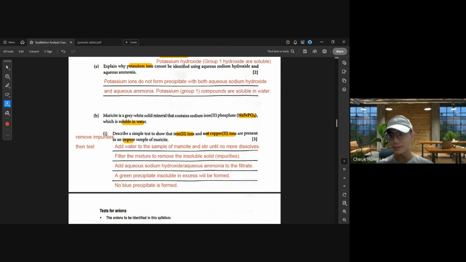Can we use displacement reactions to show the ions?